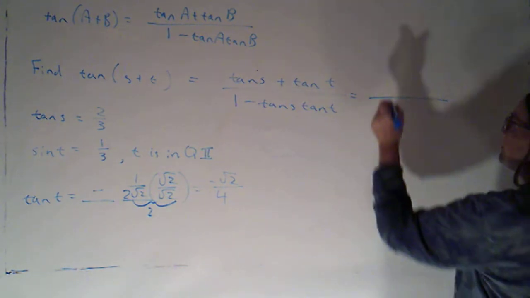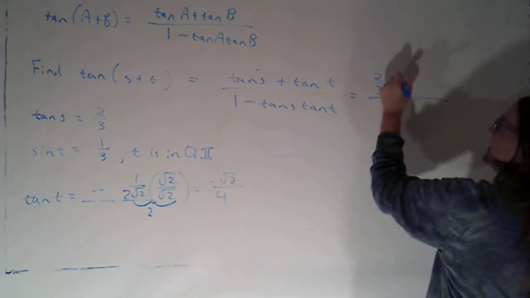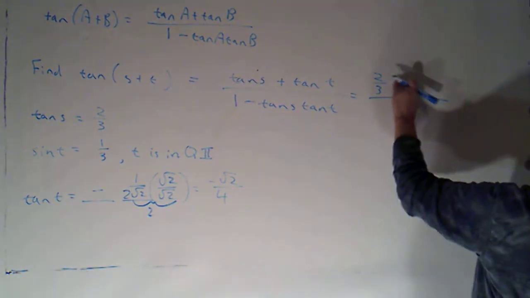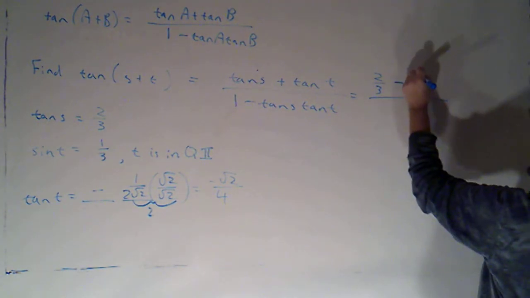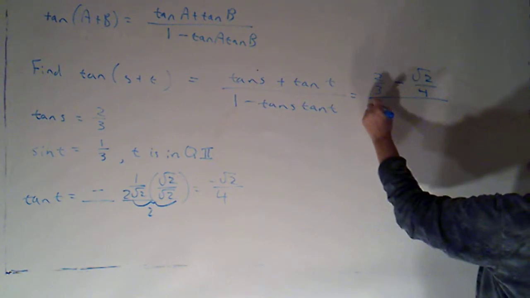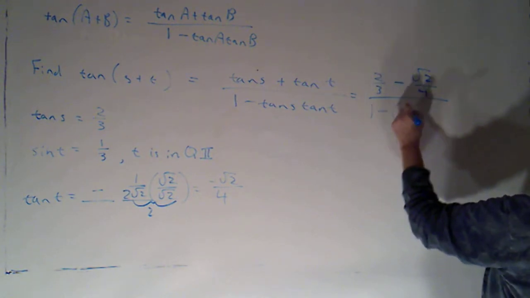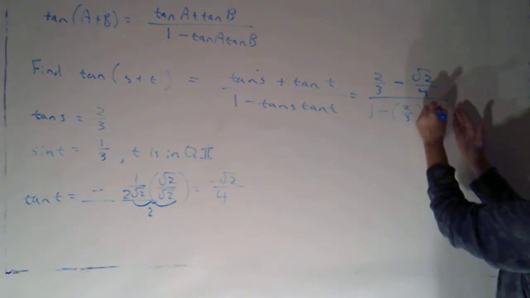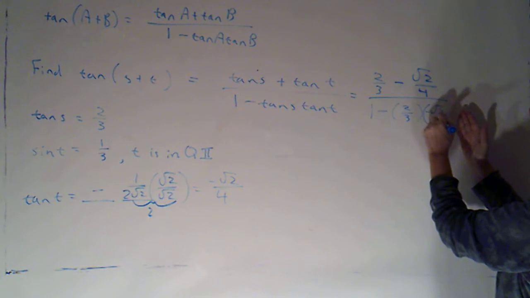Tangent of s we were given is 2/3. Plus tangent of t, we just calculated, is actually negative, so I'm just going to write it as minus root 2 over 4, all over 1 minus 2/3, multiplying by a negative root 2 over 4.